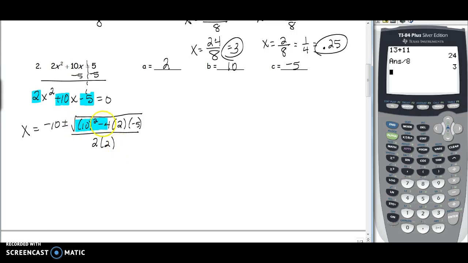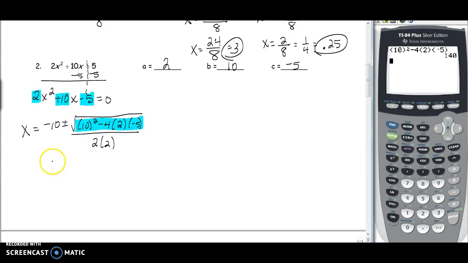Again, let's substitute that into our calculators. We would have in parentheses 10 squared minus 4 times 2 times negative 5. Remember, your negative is down at the bottom. Hit enter, you get 140.